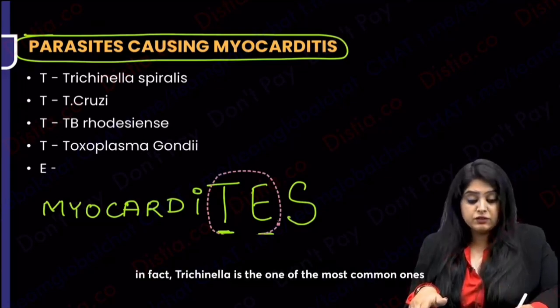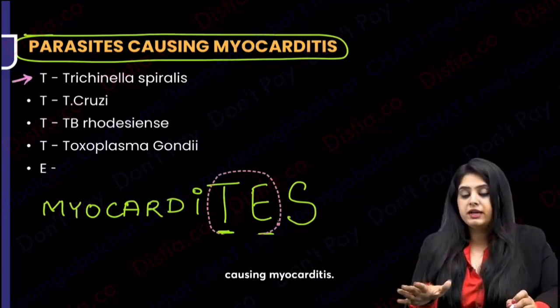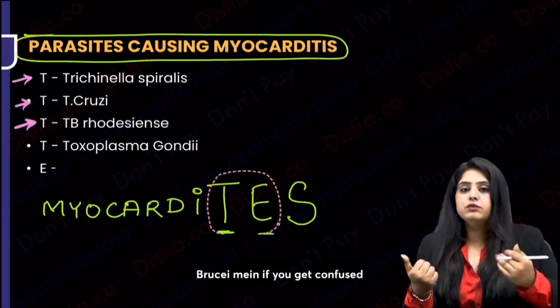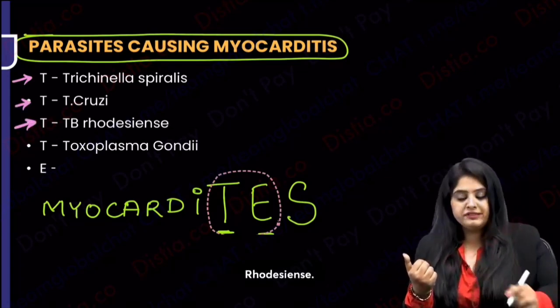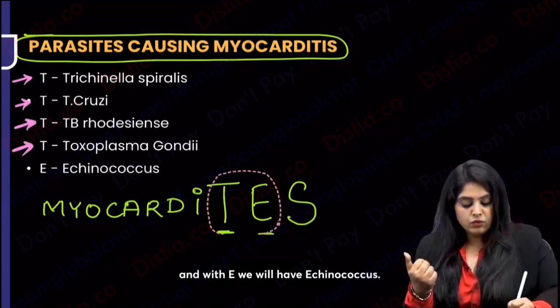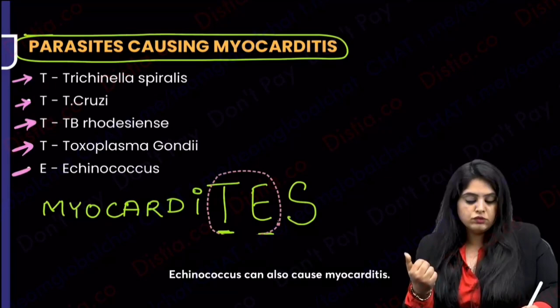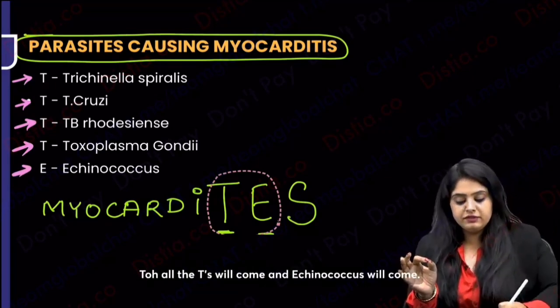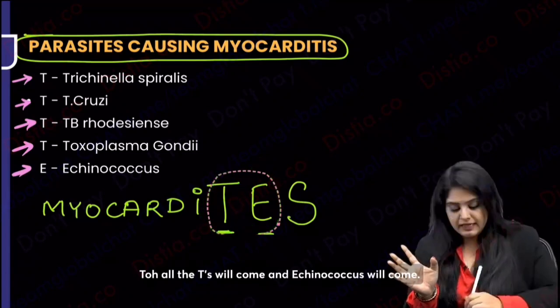In fact, Trichinella is one of the most common ones causing myocarditis. So Trichinella, Trypanosoma cruzi, and brucei, if you get confused, the rising is always more dangerous, rhodesiense, Toxoplasma gondii, and with E we will have Echinococcus. Echinococcus can also cause myocarditis. That is why I told you to learn myocarditis. So all the T's will come and Echinococcus will. Let's move on to the next.